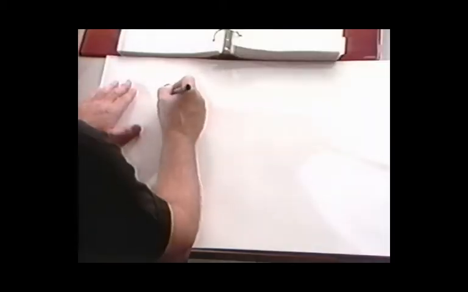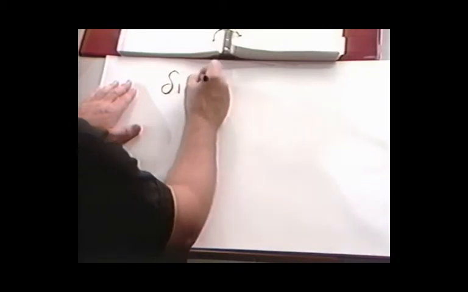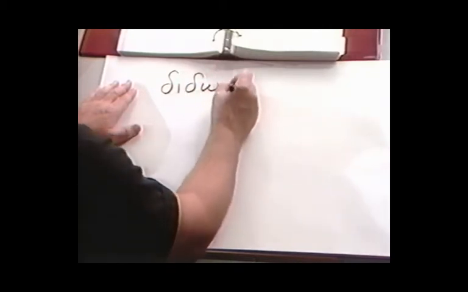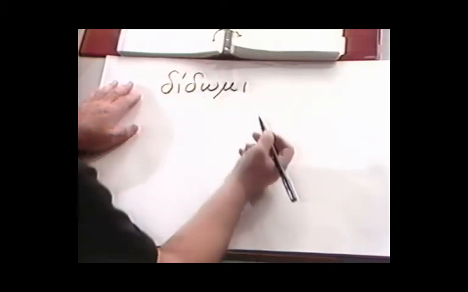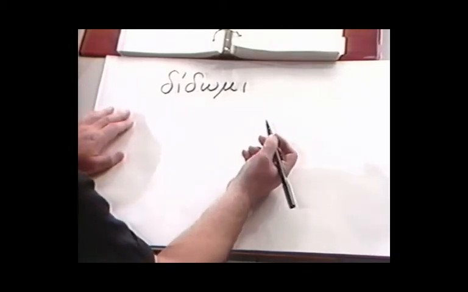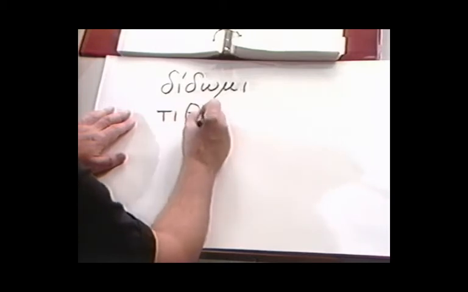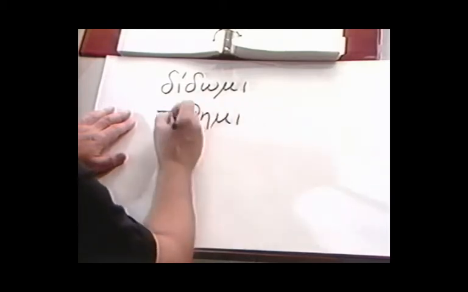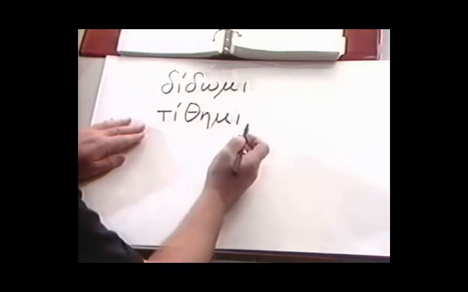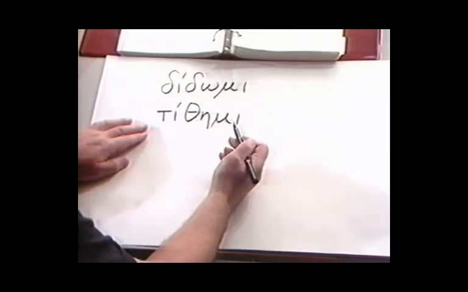Let me write them out for you. Didomi is one of them. It means I give. Tithemi is another one. Tithemi means I put or place.